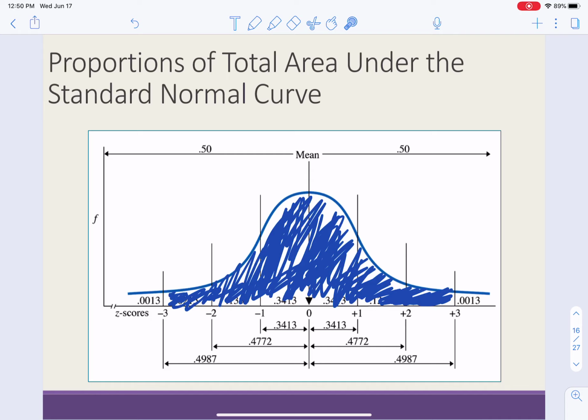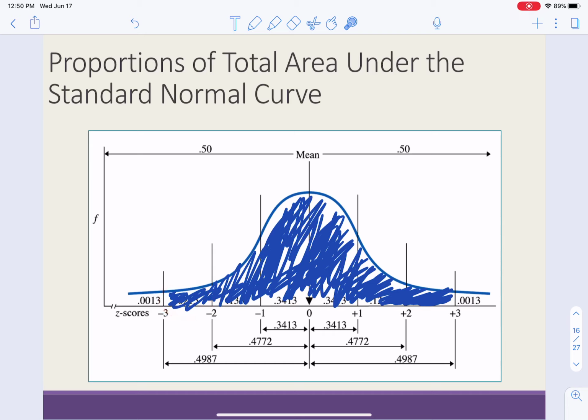But if we were to take each chunk at a time, I've got a pretty good chance of selecting something that falls around the mean. But then if I go out and say, okay, what about this area here? Well, it's less likely. And it's even less likely that I get a data point that falls somewhere in this range, okay?